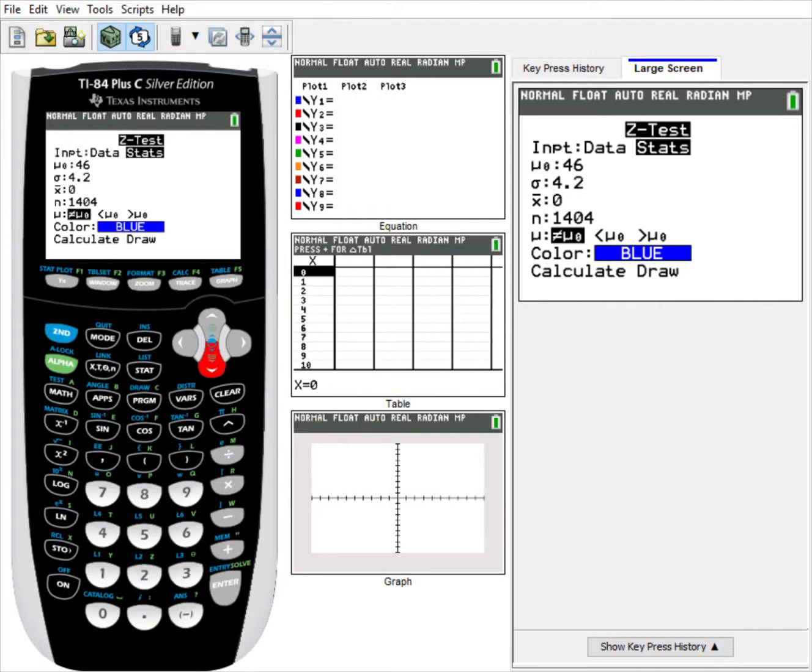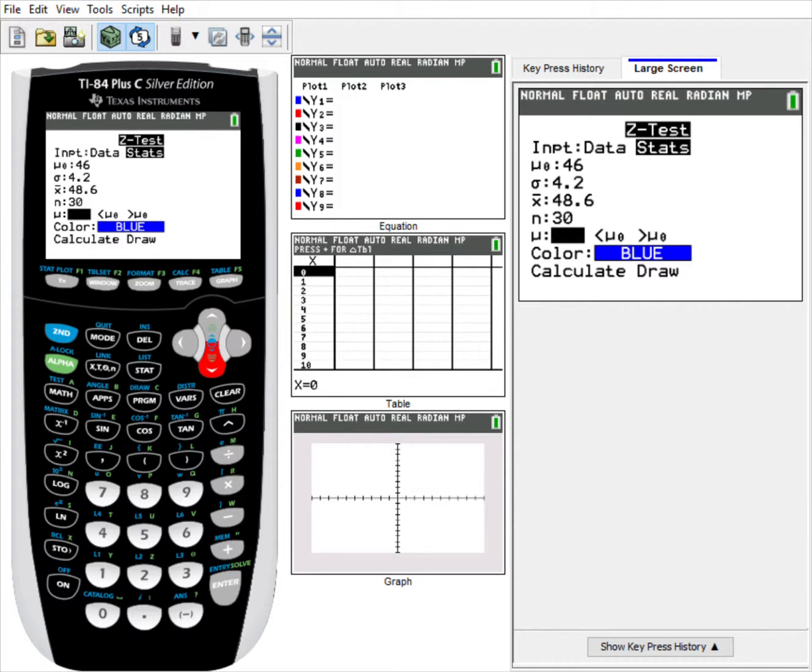The x bar is the average of the sample, which is 48.6. And n is the number of people that were surveyed. In this problem, it was 30. Then you have to make a decision on the alternative hypothesis.